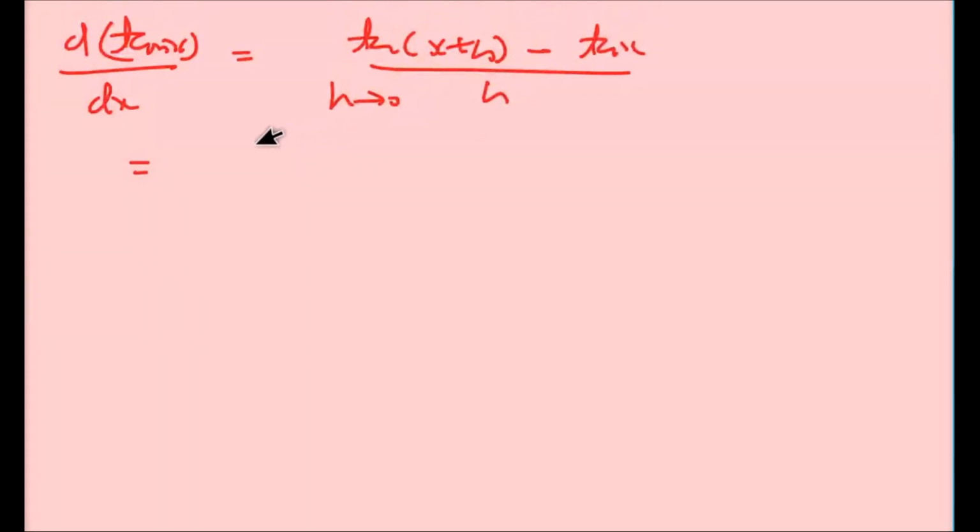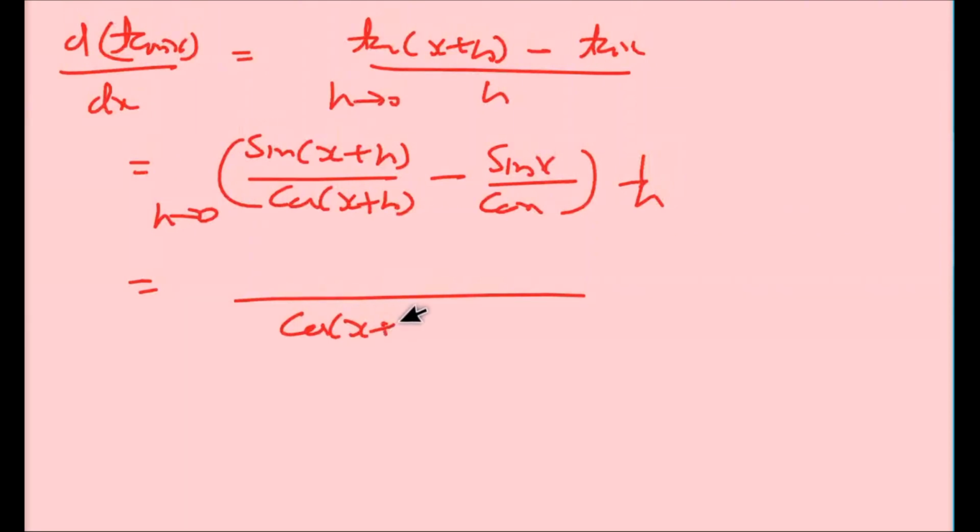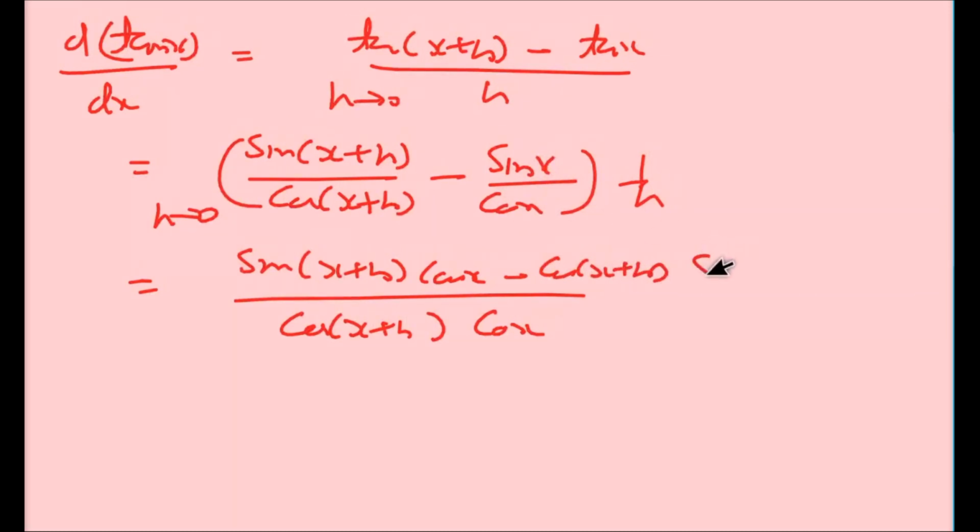We are changing it into sin and cos, and then taking the LCM here. So we can say sin(x plus h) into cos x minus cos(x plus h) into sin x, and here 1 upon h with limit also.